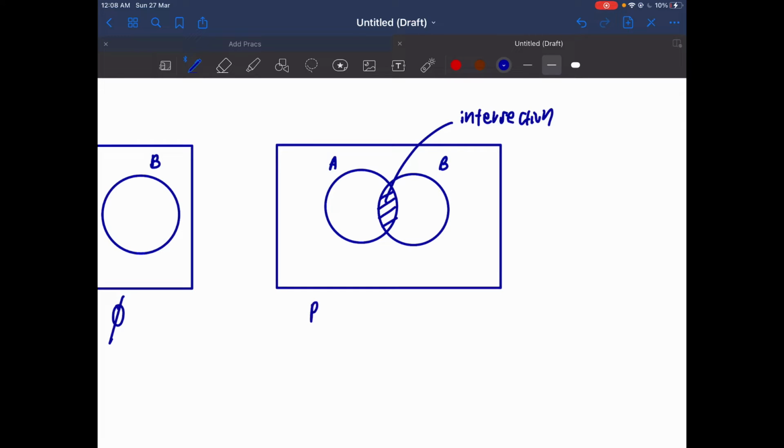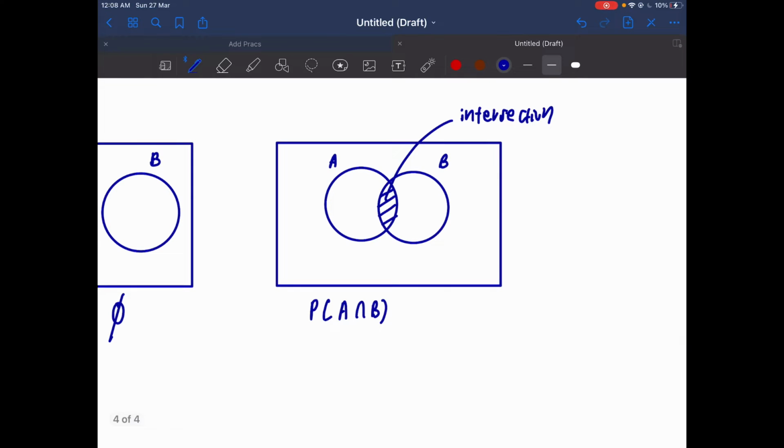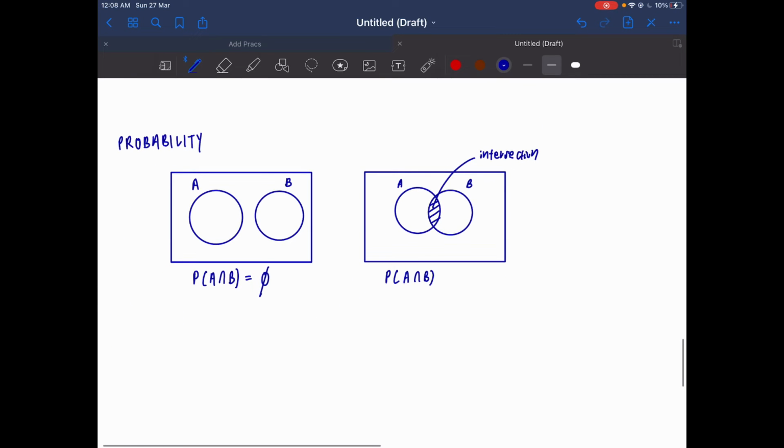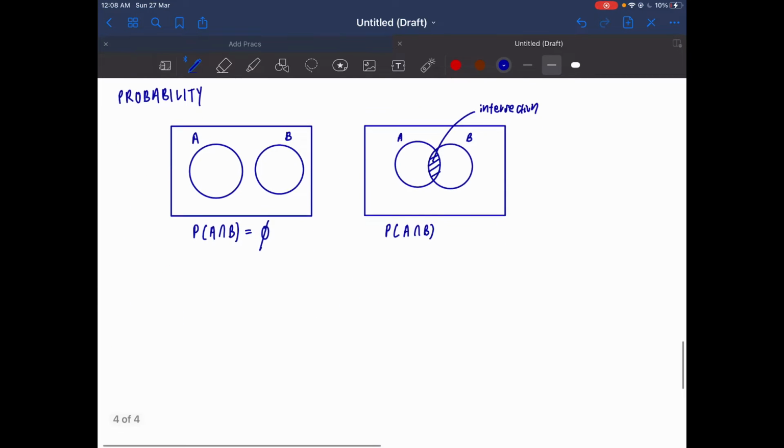So in math terms, we represent it as A intersect B. This upside down U is intersection. So A intersect B would be this overlapping area. So these are the basics of intersection.